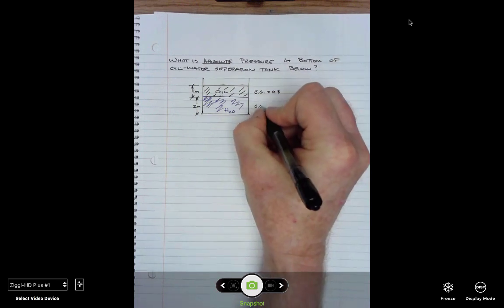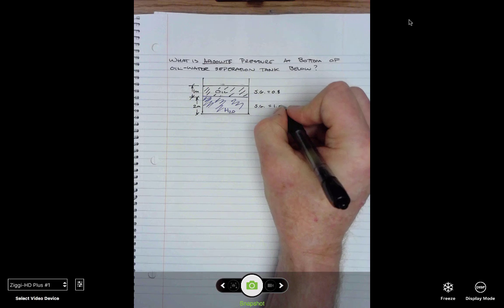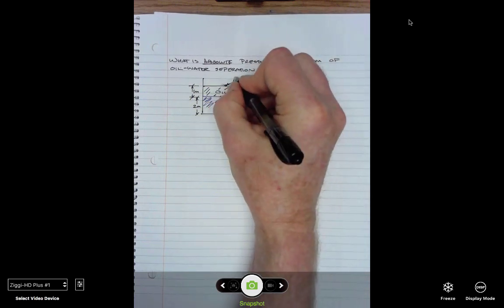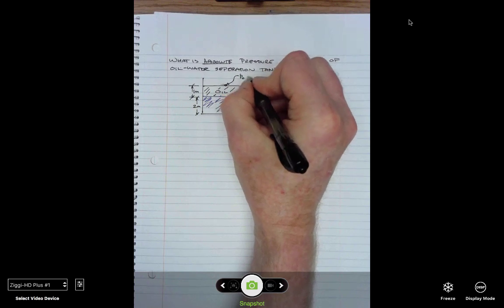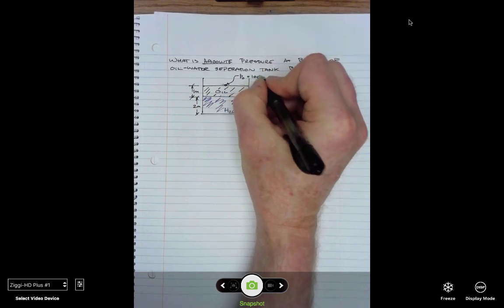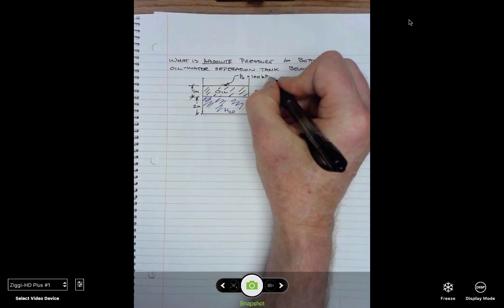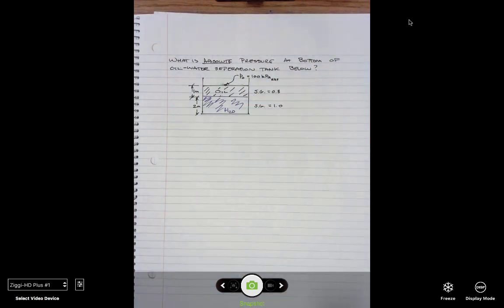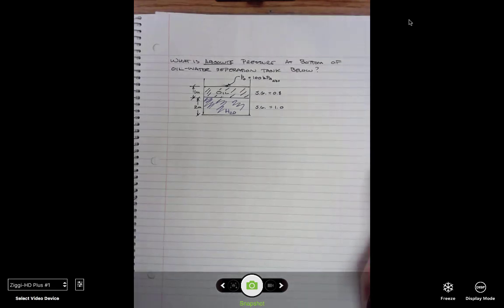The specific gravity of water by definition is 1.0. And we know that the pressure here is 100. I'm going to use 100 kilopascals. It's close to 1 atmosphere. Make the arithmetic easier. In your analysis, you might choose 101.